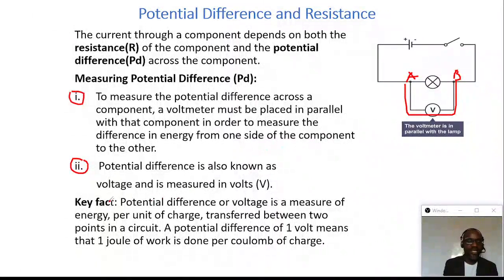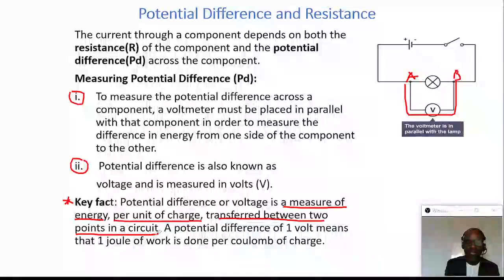All right, the key takeaway here is that potential difference or voltage is also a measure of energy per unit charge transferred between 2 points in a circuit.